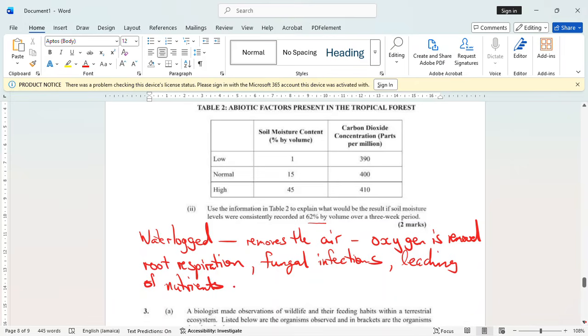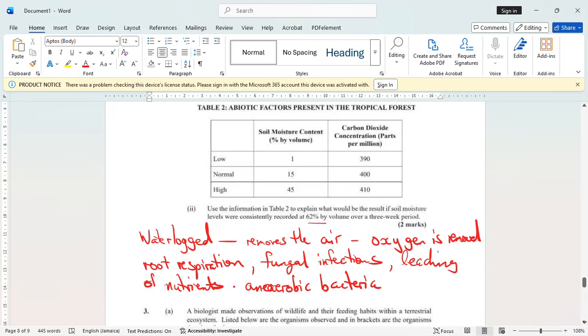Now, because you have a reduction in oxygen, you're going to have anaerobic bacteria, and they also like to convert the nitrates back into nitrogen gas.